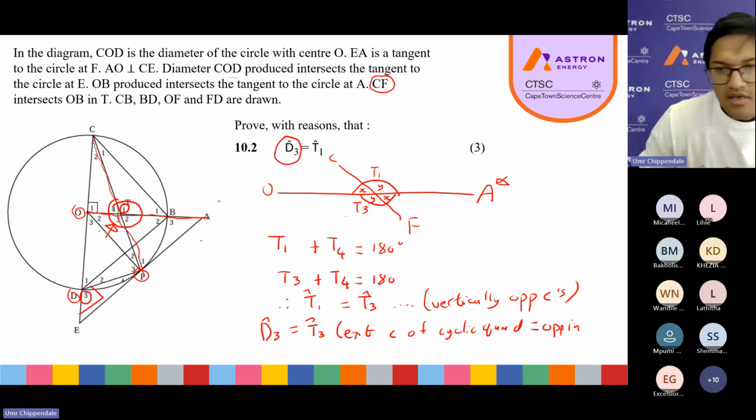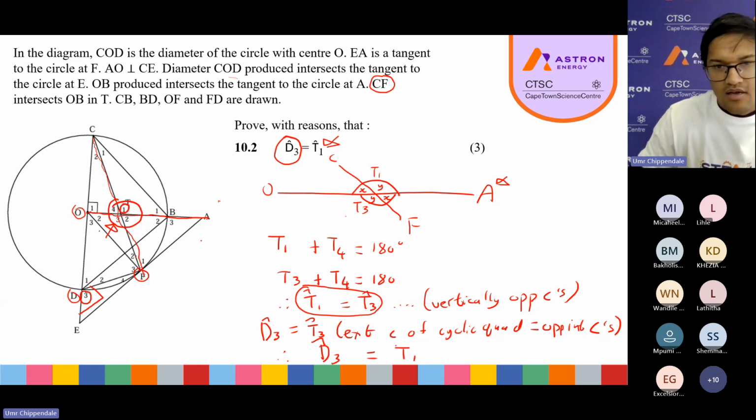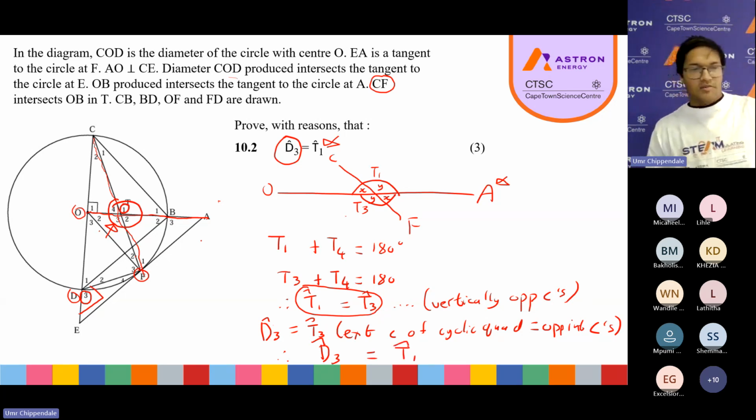And therefore, because we said that T1 and T3 are the same, they want to know that this is that. So then you can just say angle D3 is equal to angle T1. And that's where you get that mark.